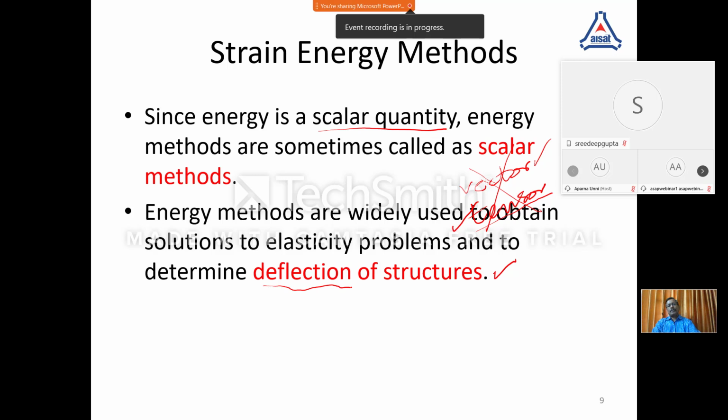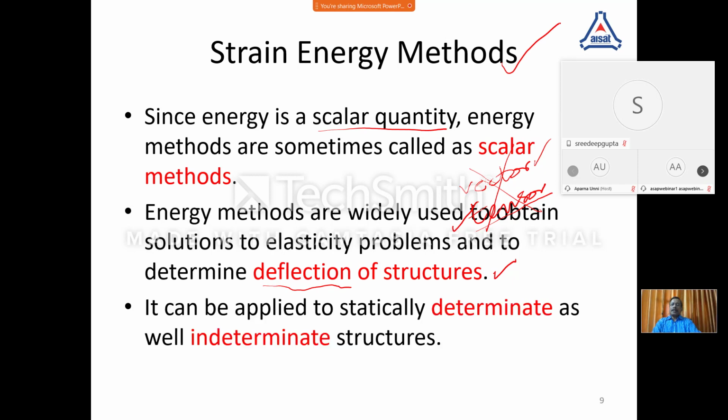The same thing, the deflection of structures, can be determined using the strain energy methods, using a scalar approach. A major advantage of the strain energy method is that it can be used for statically determinate as well as indeterminate structures.